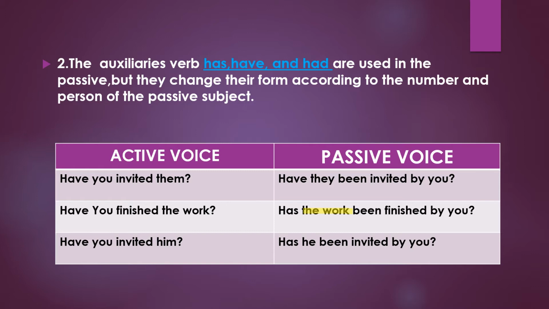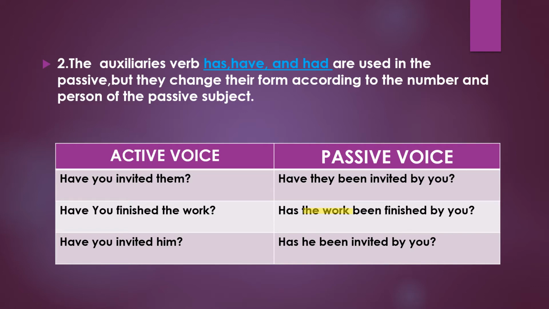The subject of active voice takes the place of object in passive voice, and the object of active voice takes the place of subject in passive voice. Here, have you invited him?